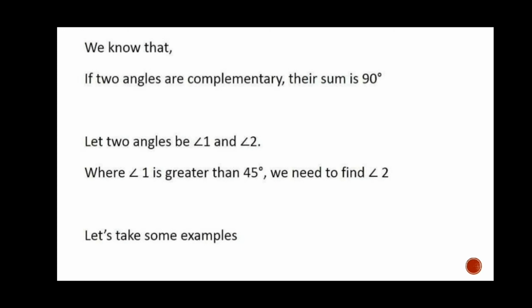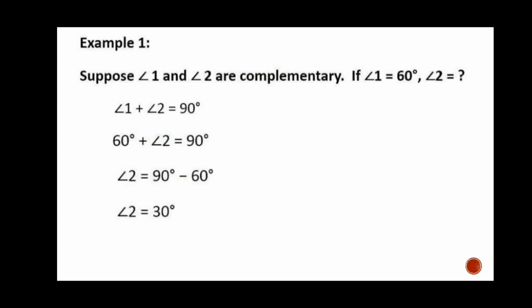So let's take some examples and we will understand this question through the examples. Example number 1. Suppose angle 1 and angle 2 are complementary, as given in the question. If angle 1 is greater than 45 degrees, say 60 degrees, we have to find its complementary angle, angle 2.